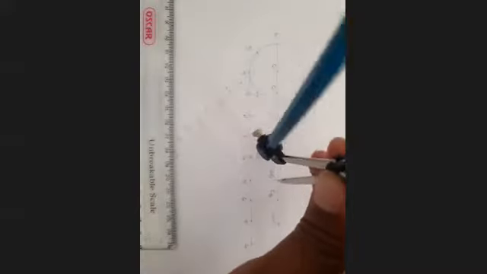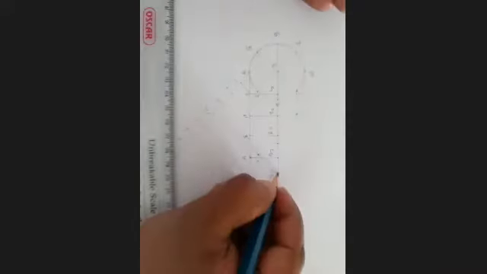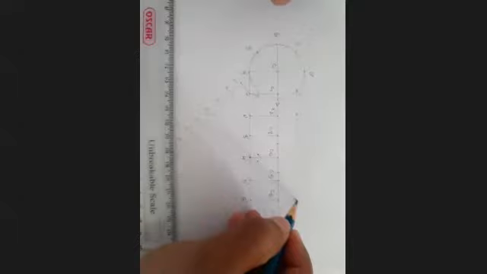Fifth line. Cut this side, not this side, because the point is nearer to the point. Okay. So this is C5. Next C6. Cut next division. Next C7. Next division. Last C8. You see.